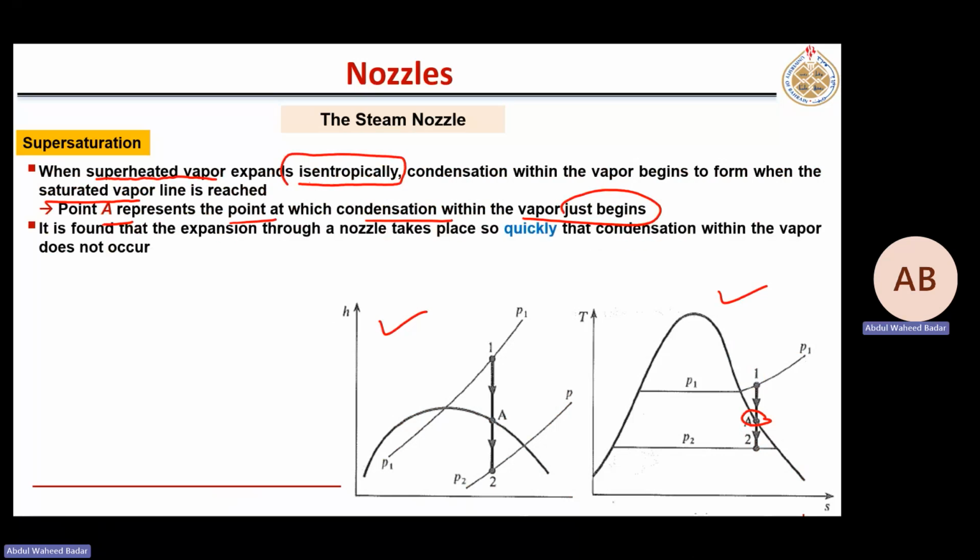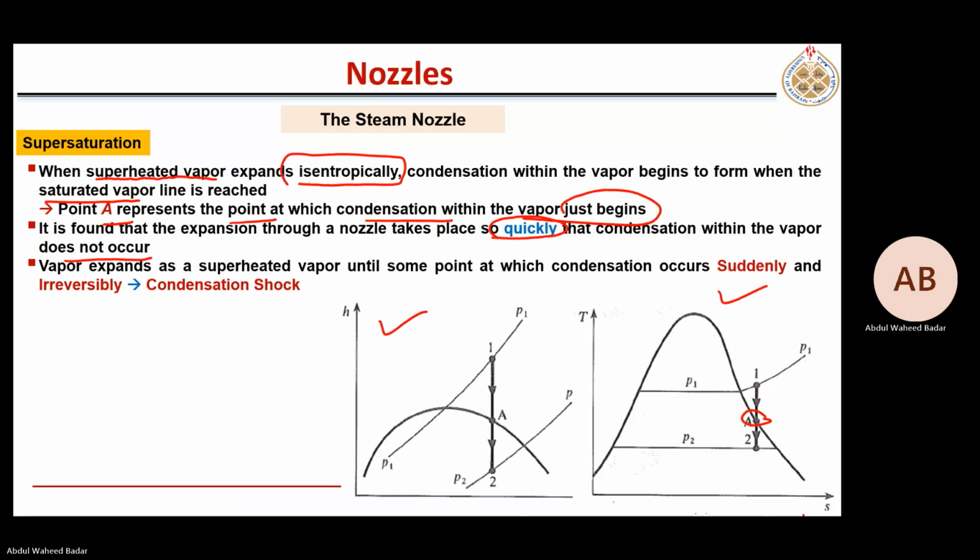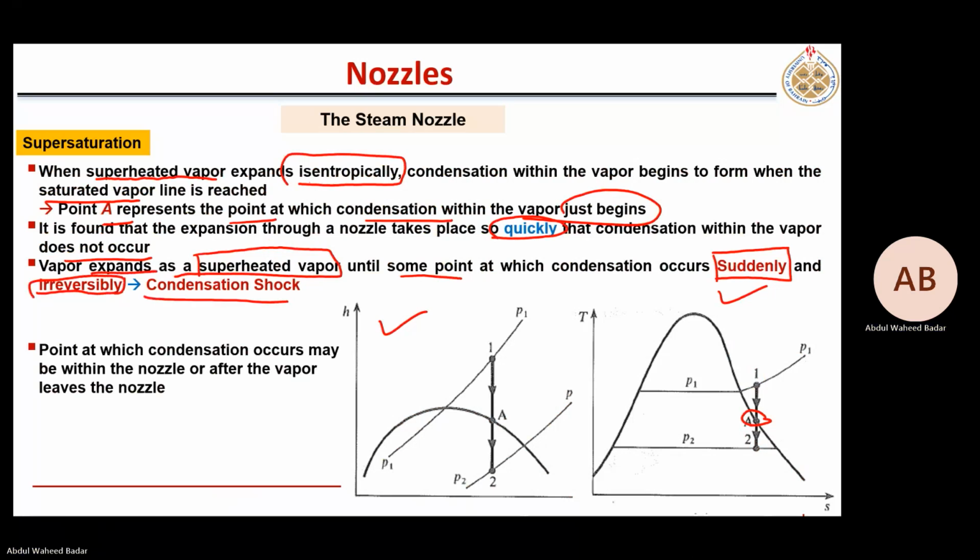It is found that expansion through a nozzle takes place so quickly that condensation does not occur. The vapor continues to expand as superheated vapor until some point at which condensation suddenly and irreversibly occurs. That is named the condensation shock.